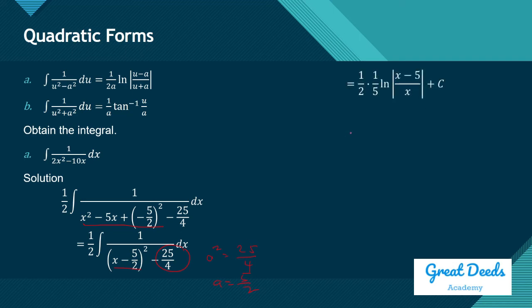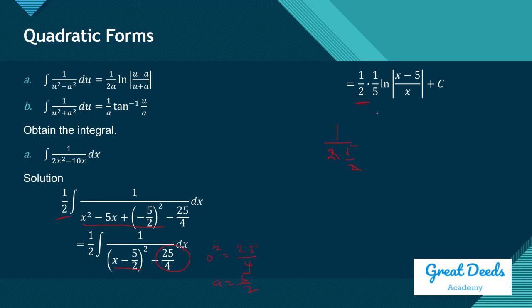So it is equal to 1/2 times 1 over 2a, but our a is 5 over 2. 2 divided by 2 is 1. So it becomes 1/2 times 1 over 5. So this 1/2 here is this.